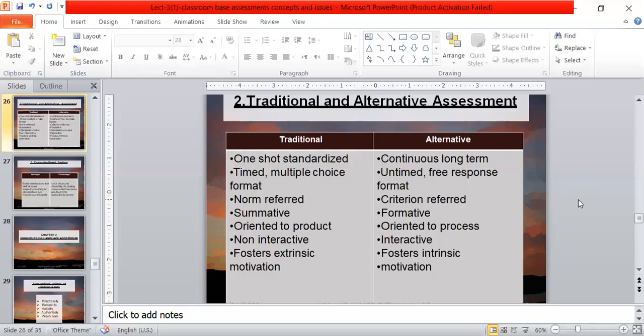Traditional is non-interactive, that is lecture method, whereas alternative is interactive, participative. For example, interview.